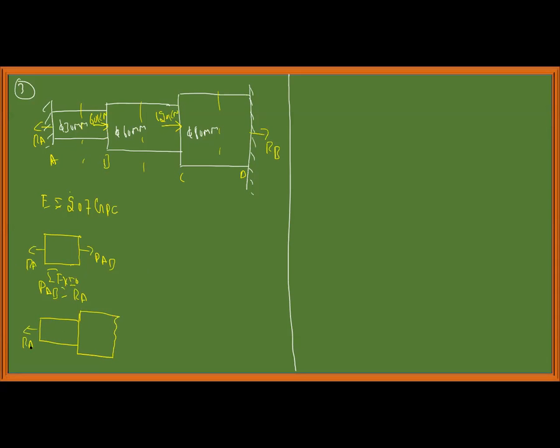RA like this, 60 kilonewton, PBC. PBC plus 60 minus RA. PBC is equal to RA minus 60 kilonewton. Last section.